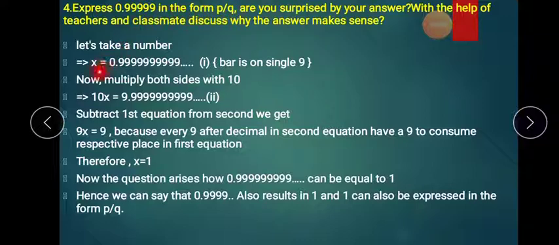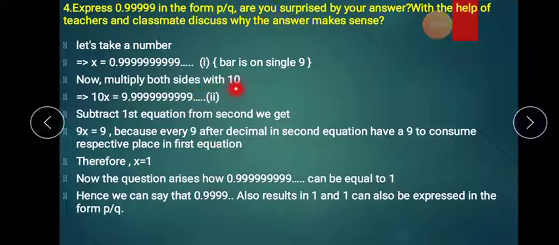So let x equal to 0.999 and so on, like the previous one. Now see, it is 0.9 bar, meaning the bar is on only one digit, so we will multiply both sides by 10. So 10 into x is 10x, and 10 into 0.999 series we will get 9.99 and so on.